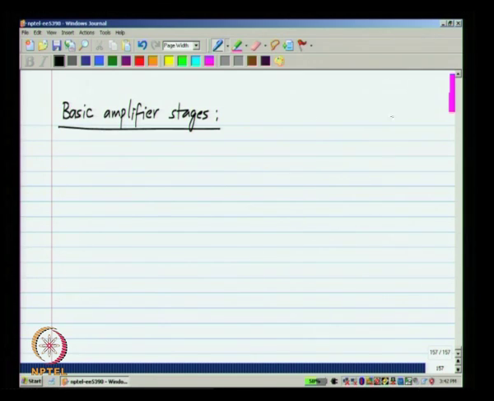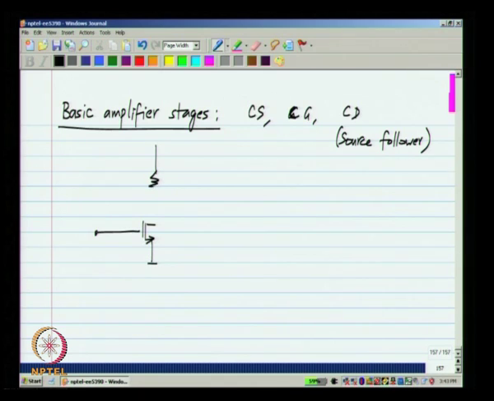Now, what are the basic amplifier stages that we know? The single transistor amplifiers are the common source amplifier, the common gate amplifier, or the common drain amplifier, which is also called the source follower. The common source amplifier has its small signal input between the gate and source and the small signal output between the drain and source.